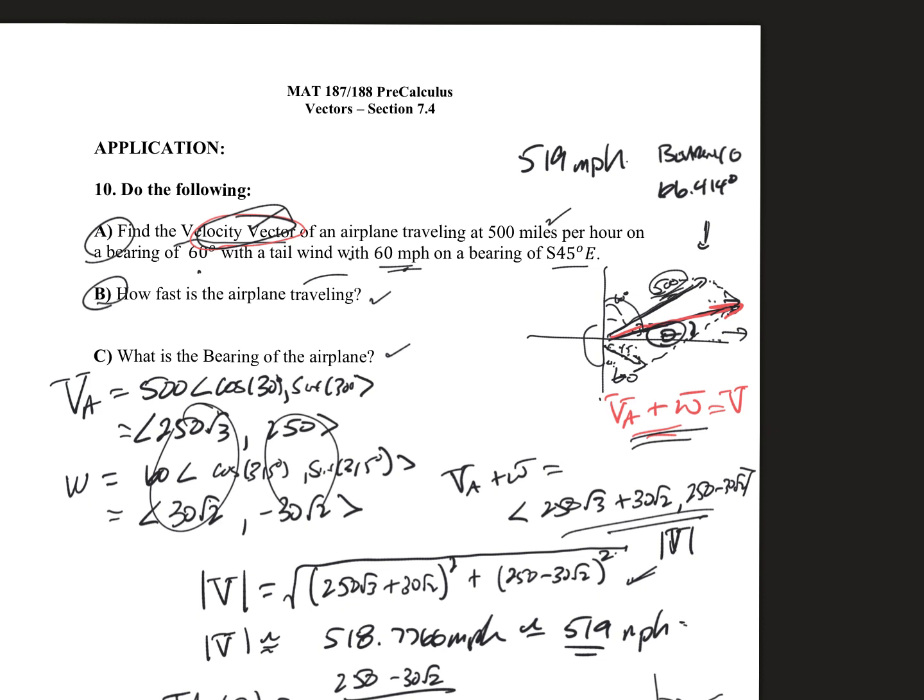And because we're in the first quadrant, we can even say that it's going north 66.4142 degrees east. All right, and that answers part C about what the bearing of the plane is.